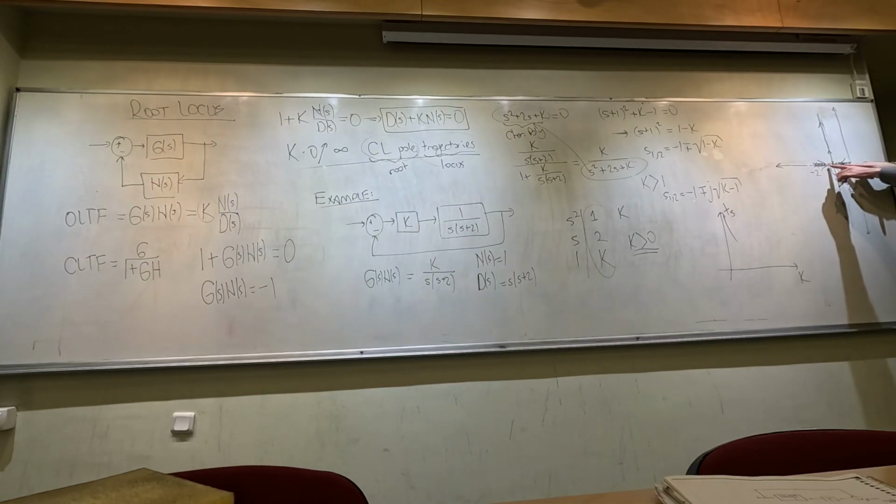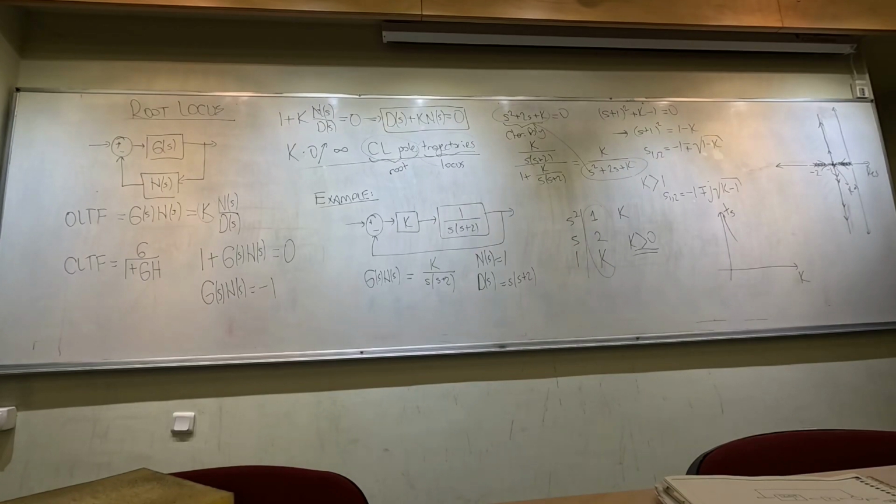But as I increase k, these two closed loop poles would be approaching each other. In that case, what can you say about the settling time? Settling time is going to be determined by the closest pole to the imaginary axis. And I see that as I increase k, that closest pole to the imaginary axis is getting further away from the imaginary axis.